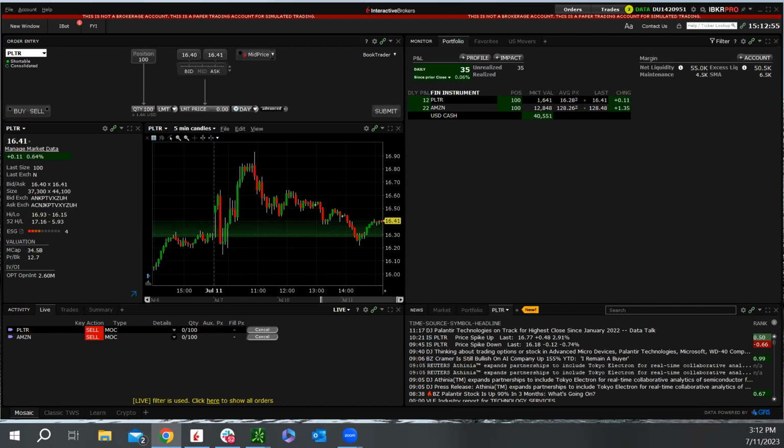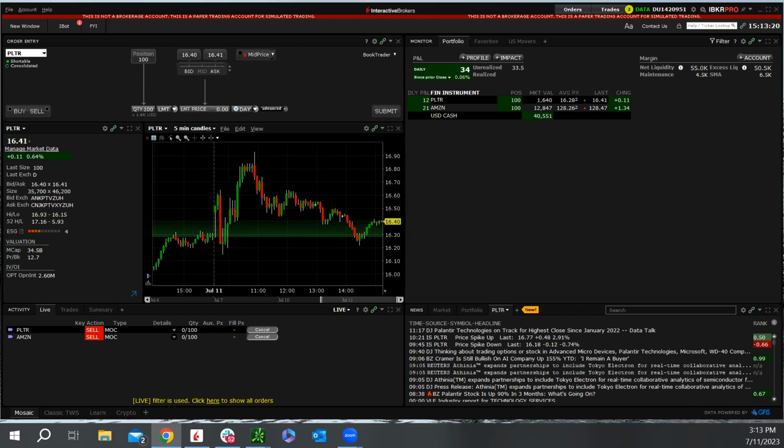Well, you can use it to enter a position or to add to an existing position, and that would execute only if price is at or below the limit price that you set. Or conversely, if you're looking to go short, price would need to be at or above the limit price that you set.